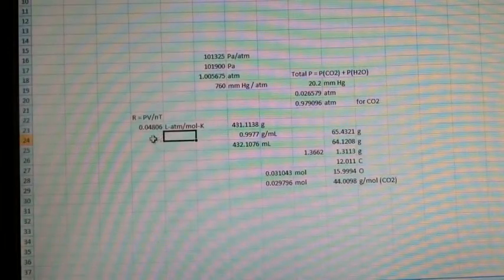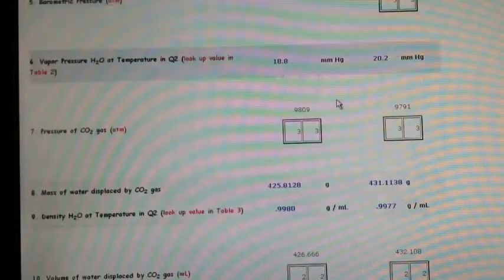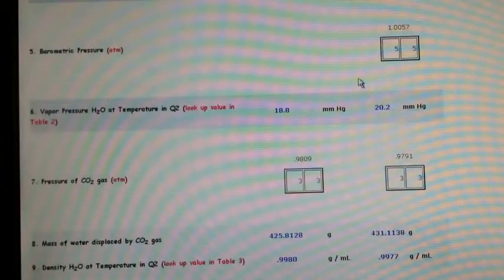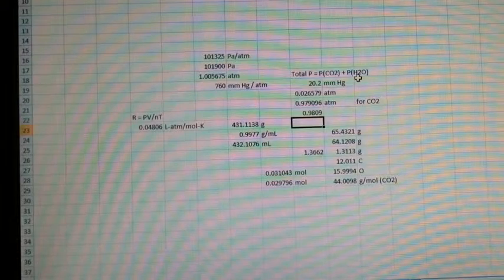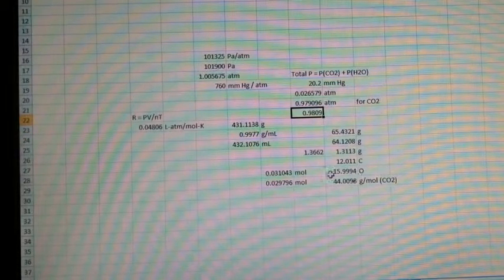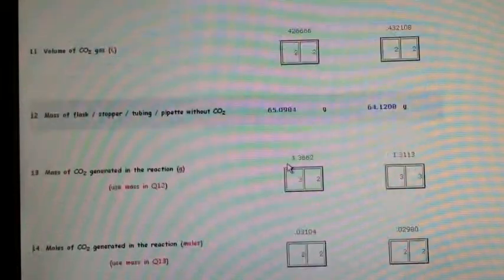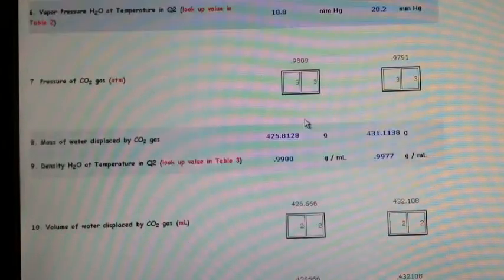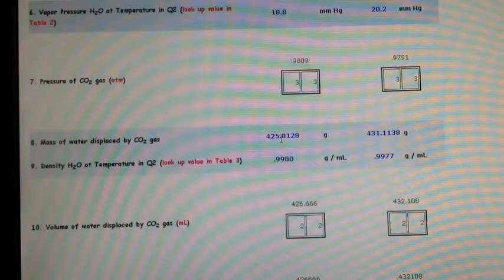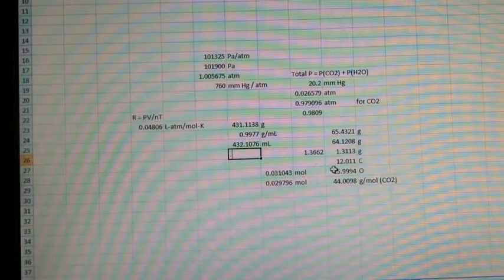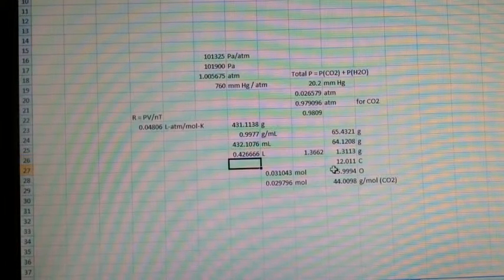So I'm going to update my numbers here. For the pressure, 0.9809 was for trial 1, and my volume for trial 1 was, where is it? Okay, here we go, 0.426 liters.